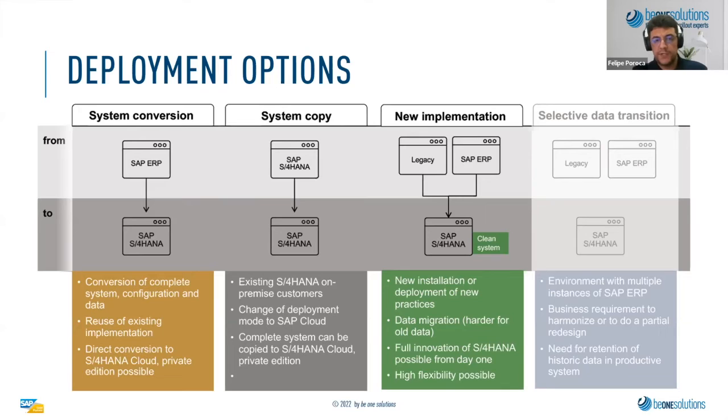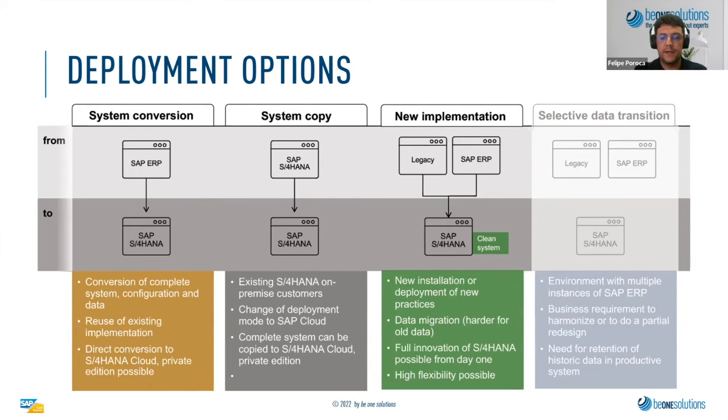And the final one, which I mentioned, which is the brand new one, we call selective data transition. A good explanation here is very similar to the new implementation, but with the difference that you can work in pieces, right? So you can start bringing a piece of your legacy to your S/4HANA, then you bring a piece of your ERP. So you can cut the pizza slices and bring it to your system and eat them in the future, right?